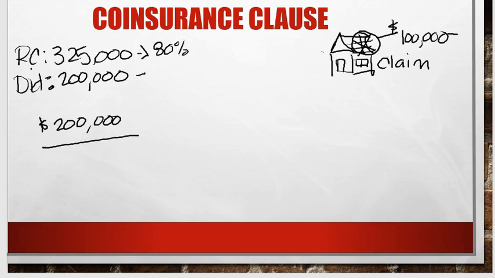And that is 325 times 0.80, because the decimal 0.80 is the same as 80%, which comes out to $260,000. That means we should have insured it for at least $260,000.